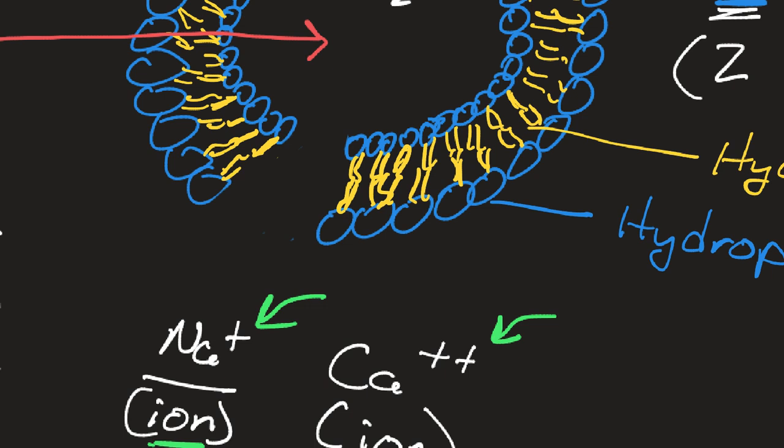So some of the R groups can be non-polar. I'm just going to put little blocks for the amino acids. Some of the R groups can be non-polar. They fold, like your foldable. And some can be polar.